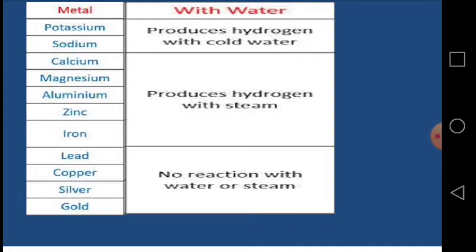Zinc doesn't show any reaction with cold water, but it reacts with steam to produce zinc oxide and hydrogen gas. Iron also doesn't react with cold water, but hot iron reacts slowly with steam to form iron oxide and hydrogen gas, while lead, copper, silver and gold don't show any reaction with water or steam.